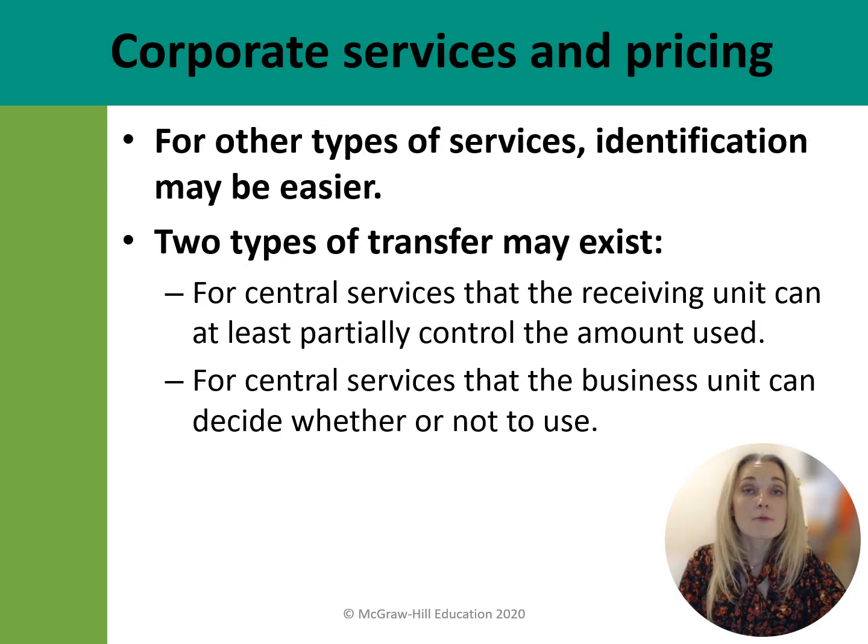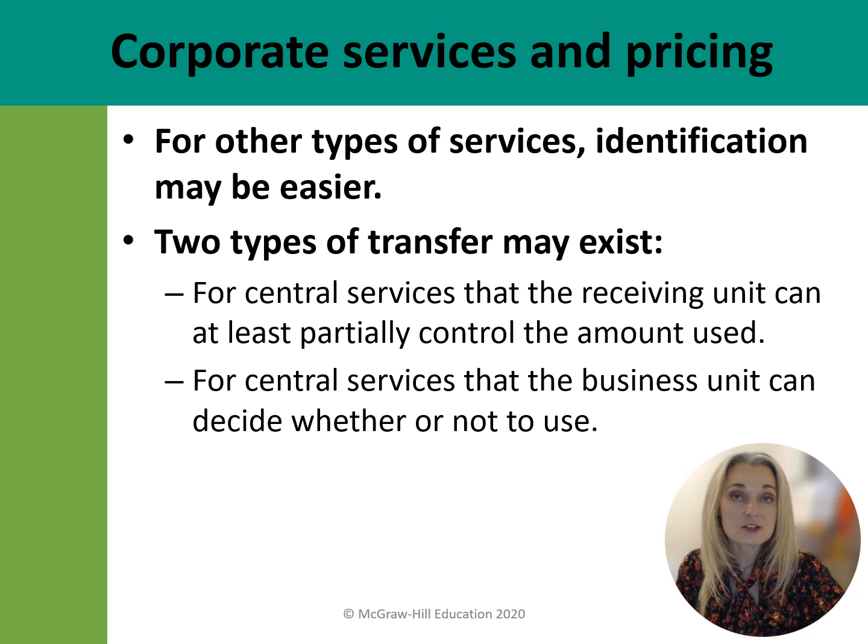When we discuss corporate services and pricing, sometimes identification can be easier, and two types of transfers can exist. One is for central services that receiving units can partially control the amount used, or centralized services that the business unit can decide whether to use or not, as I mentioned in the previous slide with the IT example.